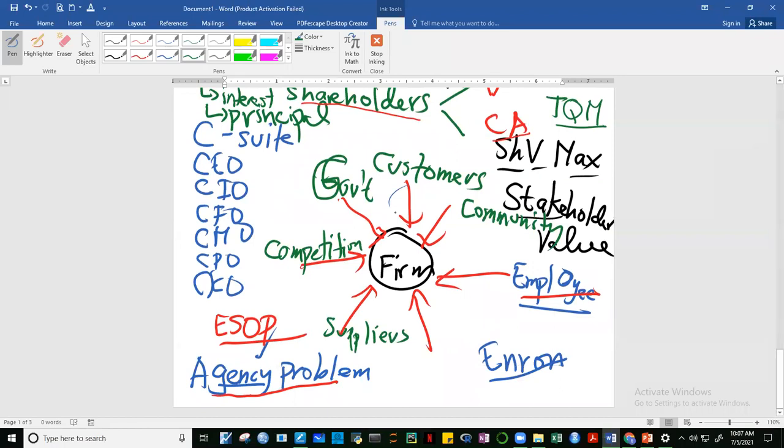Okay, meron pa ba tayong nakalimutan? Government, customers, community, competition, suppliers, sino pa? Employee, may isa pa yata, no? Sino pa guys? May dalawa pa, nakalimutan tayong dalawa. Sino isa dito? Of course, ito at saka si ito, no? Sino si S? Siyempre, huwag natin kakalimutan yan. Paki-unmute na lang guys. Sino si S?